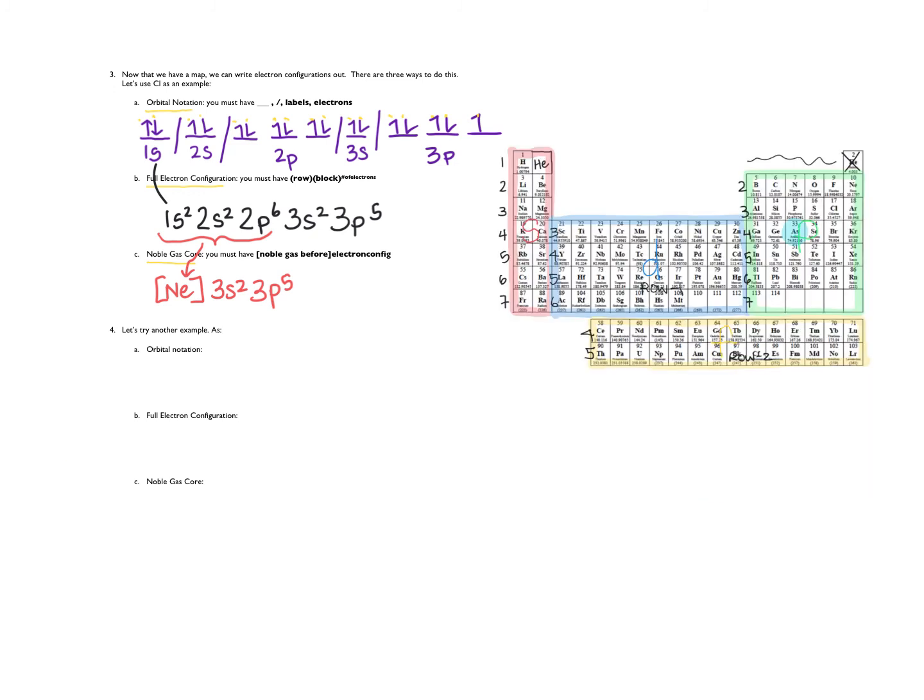Let's try the electron configuration for arsenic. It's over here on the periodic table. You can tell this one's going to be a little longer because it has 33 electrons instead of just chlorine's 17, but all electron configurations start the same way. So we start with a 1s2, right? So we start right at the beginning, 1s2, then keep going across, there's nothing there.